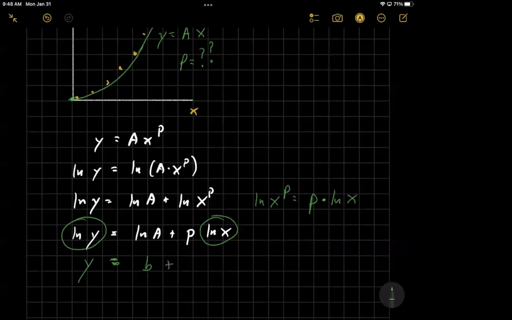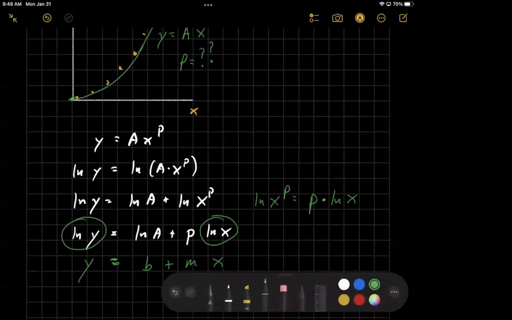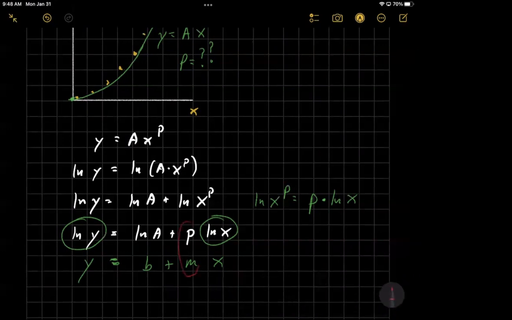And then plus, well, p is like the slope of a linear function, and we use ln of x instead of x. We just linearized this again, where the slope of the line we get will be our power. And the y-intercept can show us what the a value should be in that relationship.